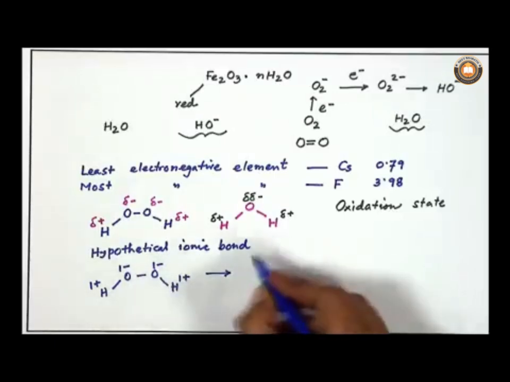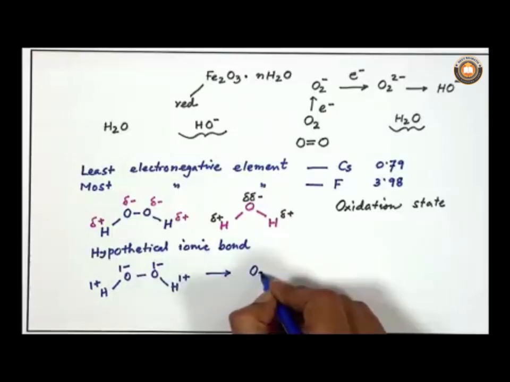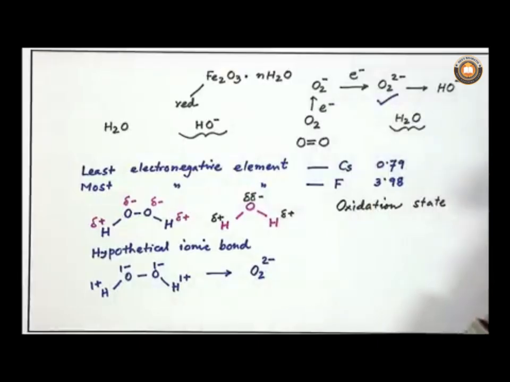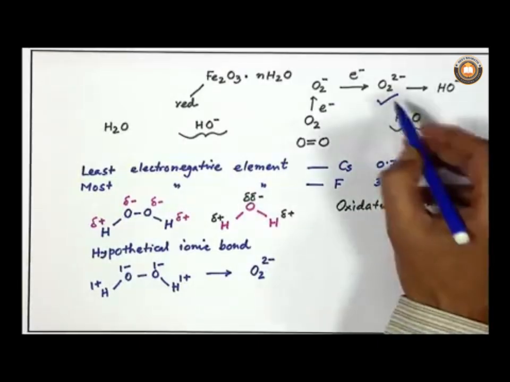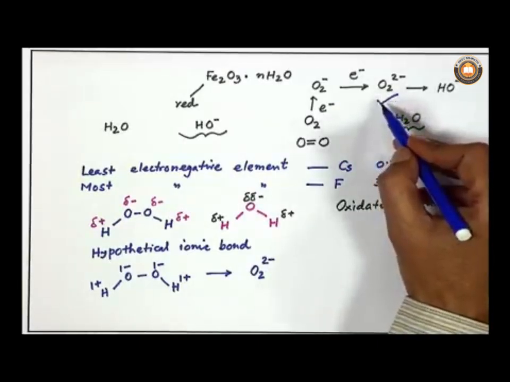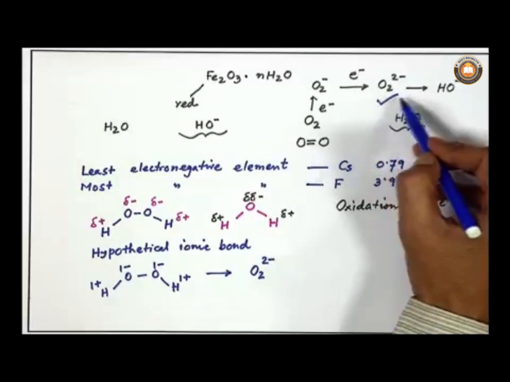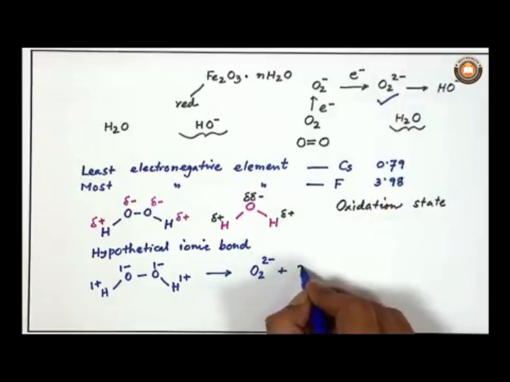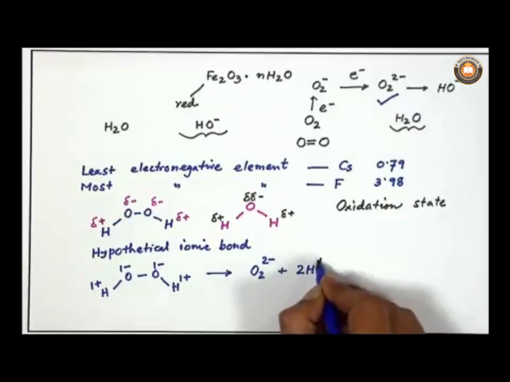We get the corresponding ion, that means O2 2 minus, which we have already seen here, due to the electron transfer. So, complete electron transfer will also give us this particular species, which is O2 2 minus with 2 H plus.